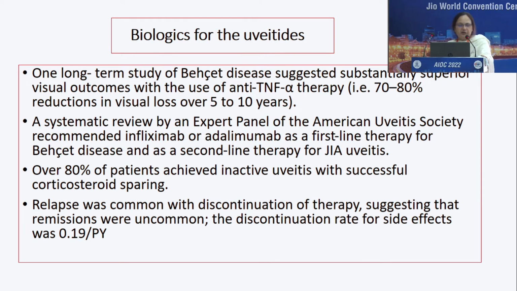But by and large, even in JIA, some of us, including the rheumatologist and pediatric rheumatologist, have moved on to biologics as first line with the addition of methotrexate. So using this regimen, over 80% of the patients could achieve inactive uveitis with successful corticosteroid sparing, and that's a big thing. You don't want a child with stunted body growth, no bone growth, on steroids.